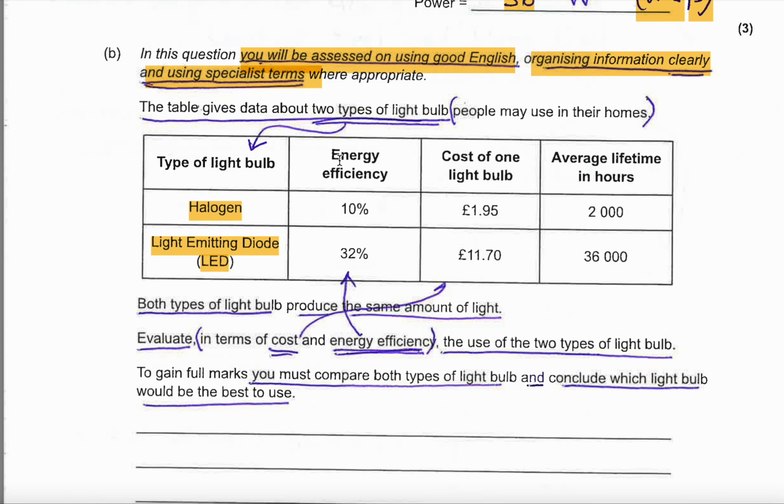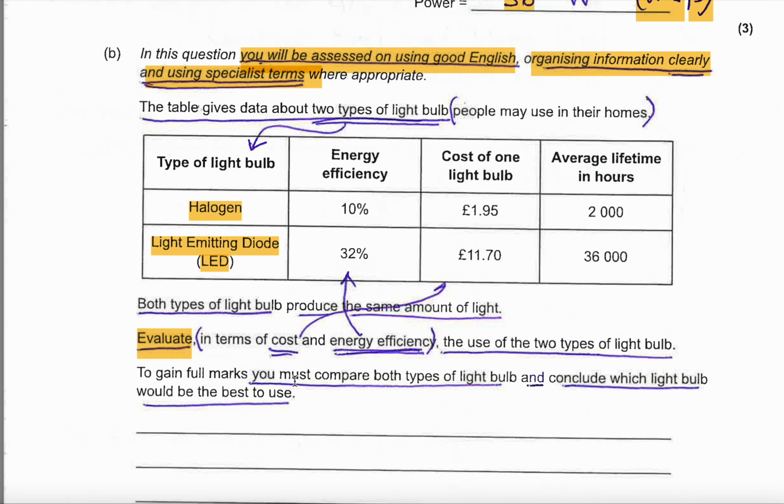They're giving you information on the efficiency of each bulb, the cost of each bulb, and the average lifetime in hours. So they're giving you 3 bits of data, and they want you to evaluate it. So it says evaluate in terms of cost and energy efficiency. So cost we've talked about, energy efficiency we talked about, the use of the 2 types of light bulbs.